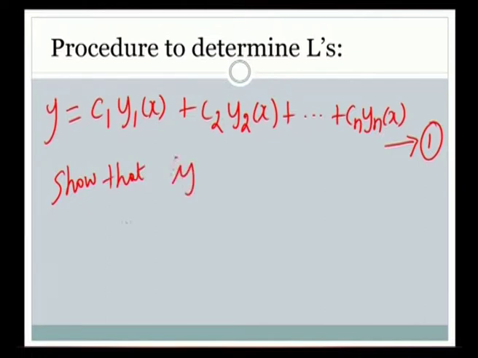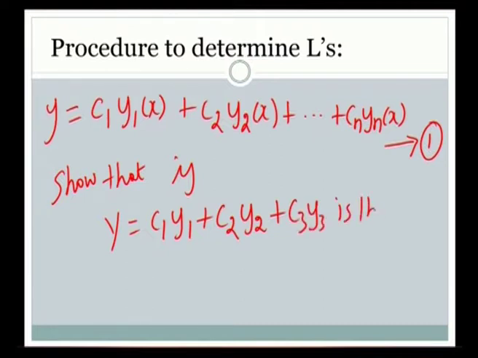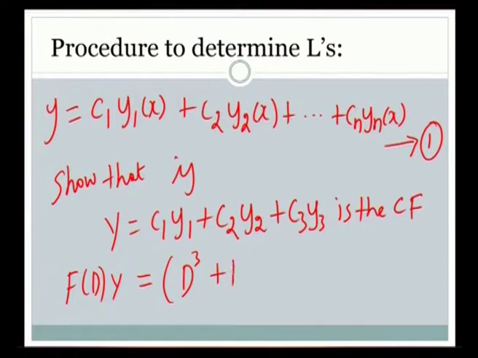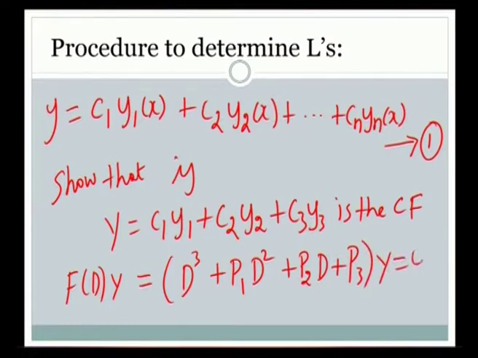if y = C1 y1 + C2 y2 + C3 y3 is the complementary function of the equation f(D) y = (D^3 + p1 D^2 + p2 D + p3) y = q.